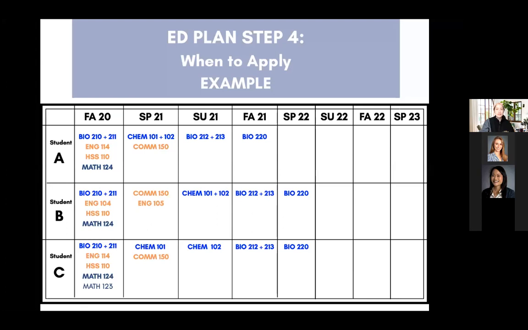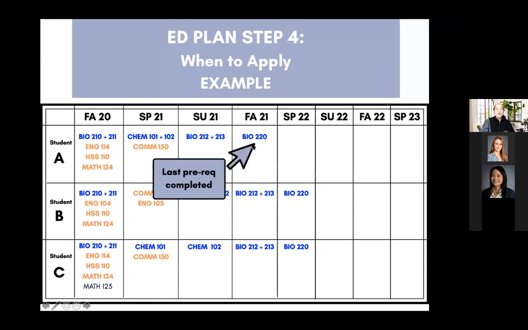This is an example of a student, helping you figure out when you would be eligible to apply. So for student A, they got microbiome and the math. That's 2 prerequisites in the fall. Their third prerequisite in the spring. Summer is their 4th prerequisite, and then their final prereq is bio 220 in the following fall.